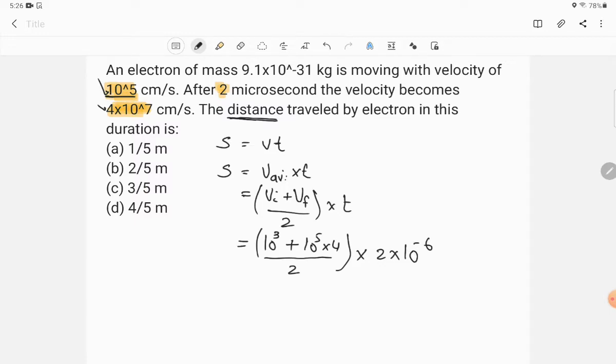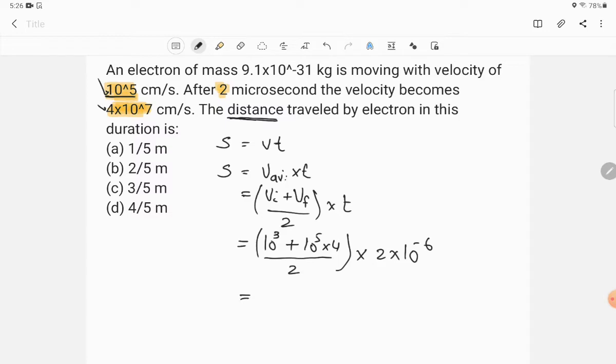In this case, you cannot add both these values in a very simple fashion, because both have different exponential forms, 10 to the power 3 and 10 to the power 5. So in order to add manually, you have to make their powers the same. Otherwise you cannot add, or if you try to add, you will make errors in finding the correct answer.